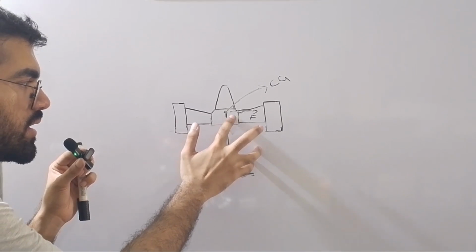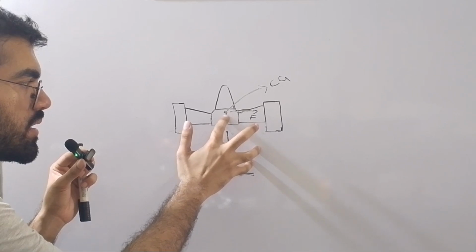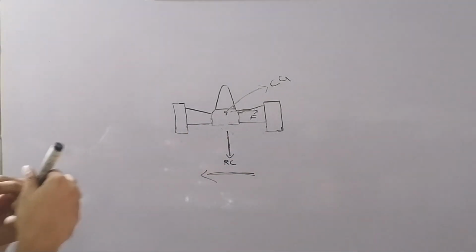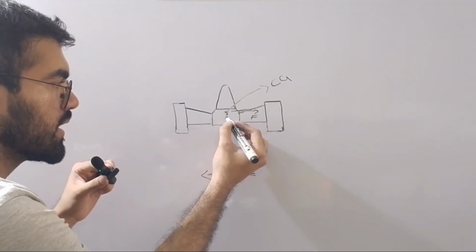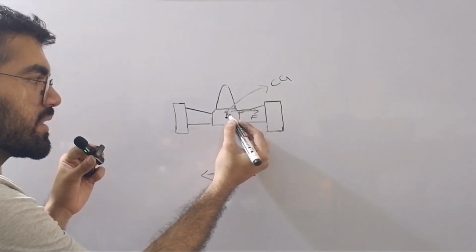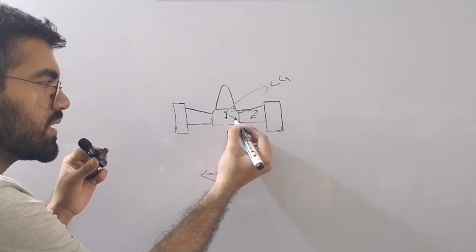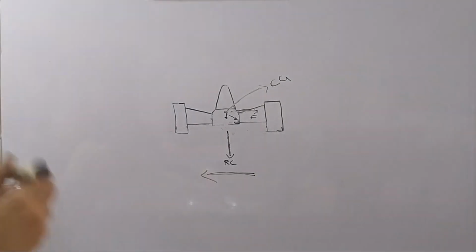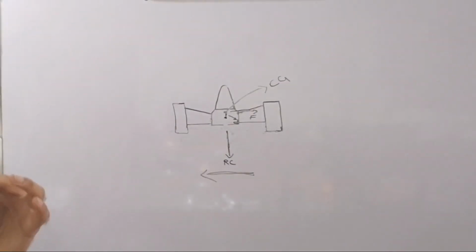So let's say we put the roll center right here. Now this teeny tiny little line you see here will be the distance d, which will significantly decrease the roll of this car.